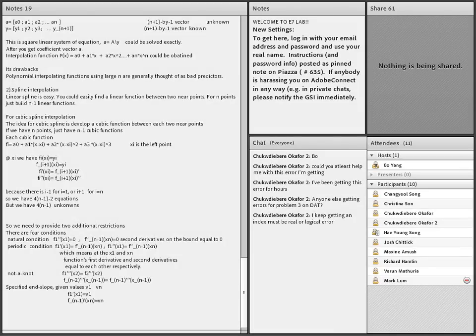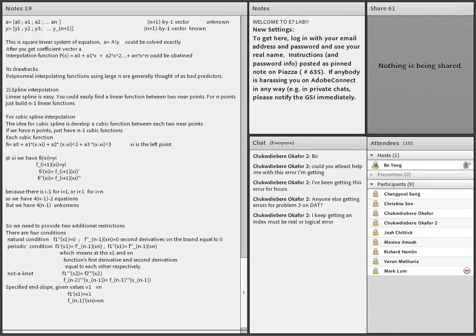Also for the n minus 1 point. These are the two more equations for not a knot.